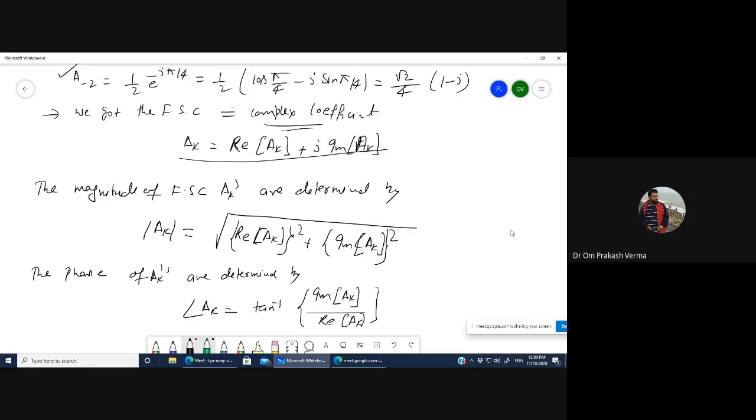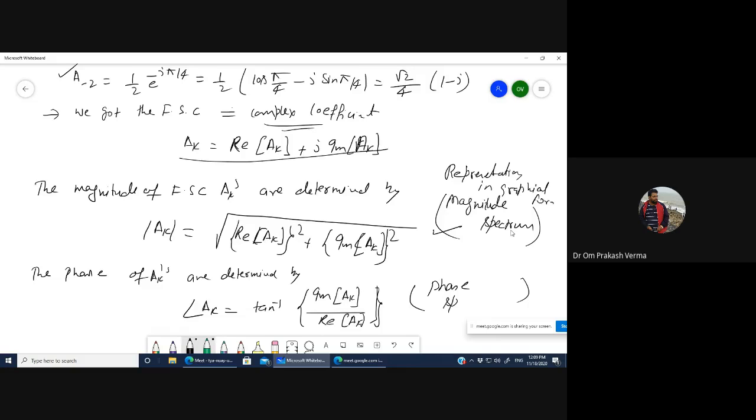So this will provide the magnitude spectrum, which is the representation in graphical form. The graphical form is known as the magnitude spectrum, and this one is known as the phase spectrum. We will draw them for the above problem.